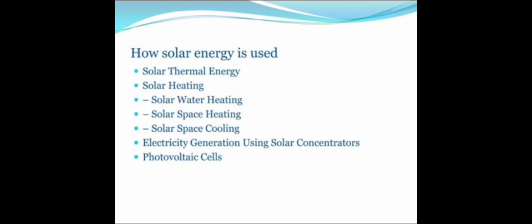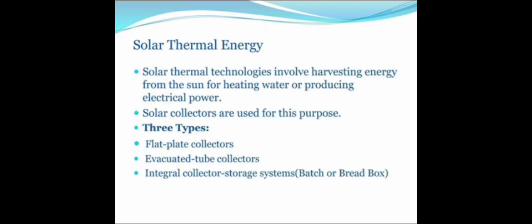How is solar energy used? Solar energy is used in the form of solar thermal energy, solar heating, and solar electricity generation using solar concentrators and photovoltaic cells. So what is solar thermal energy? Solar thermal technologies involve harvesting energy from the sun for heating water or producing electrical power.